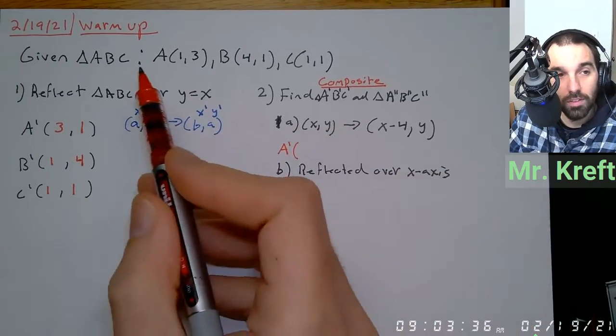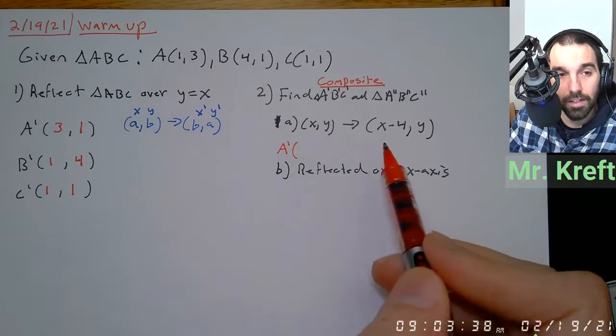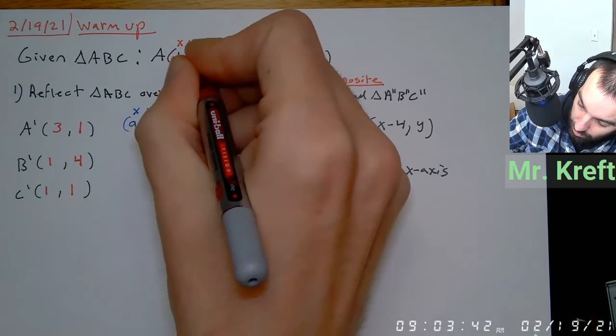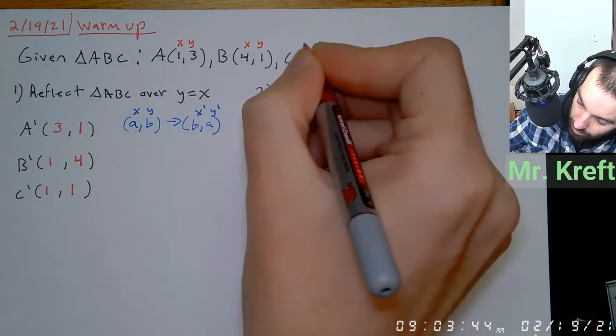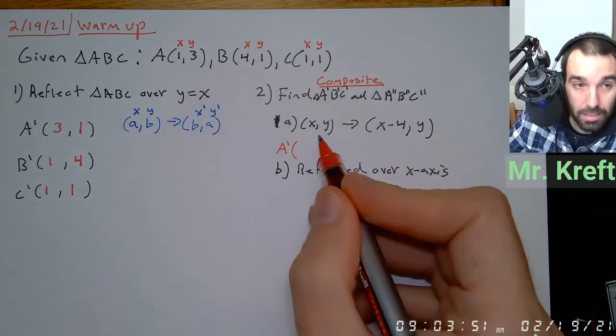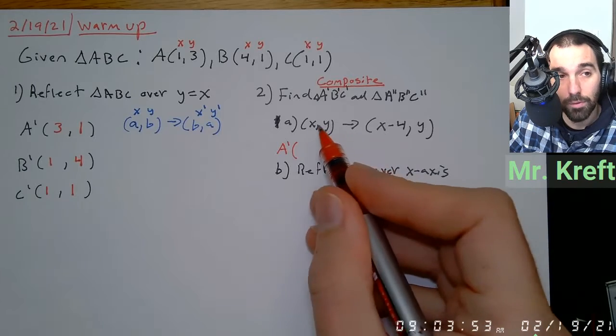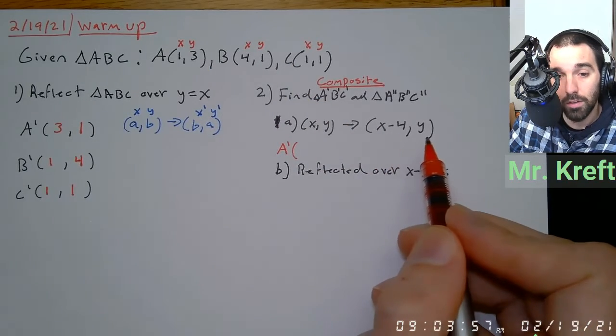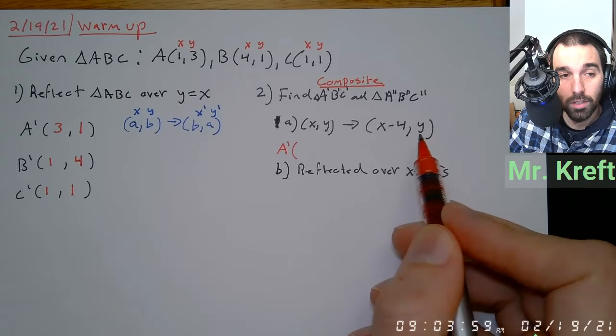So what I'm going to do is take point A here, and plug it into my translation. Remember, guys, these up here are x's and y's. So with a translation, what we're doing is taking our points and plugging them into the formula. This is every point, so I have 3 points, such that the x you're going to subtract 4 and the y we're going to keep the same.